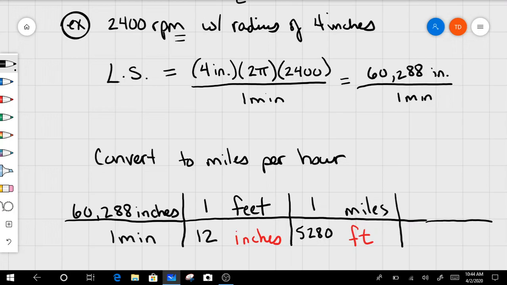Now let's deal with our minutes. Minutes is on the bottom. I'm going to want that to cancel away, so I'm going to put minutes up top, and I want to convert that to hours. So I know that 1 hour is 60 minutes.